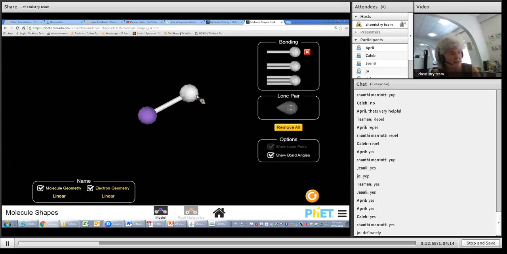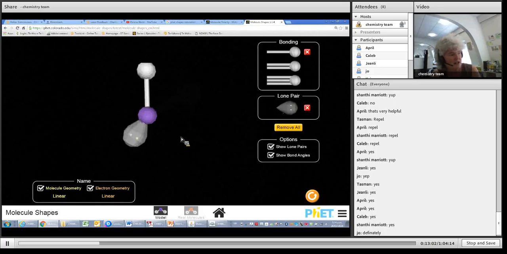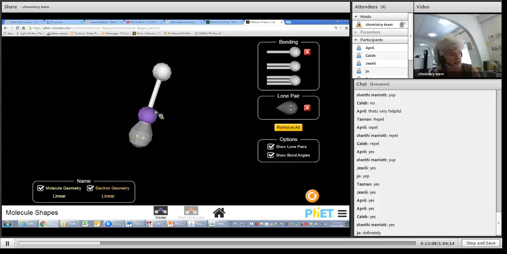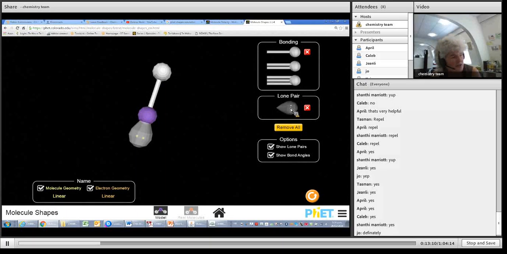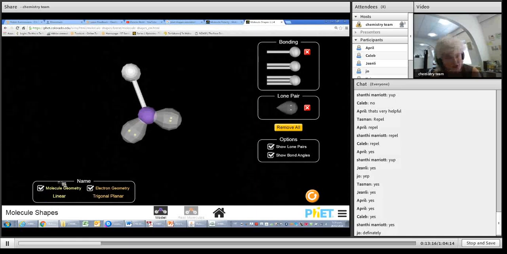So here I'm adding a lone pair, and notice it comes immediately 180 degrees from that, but it's still a linear molecule. Okay, if I add another one, notice the molecule is linear, but the electron geometry is trigonal planar.